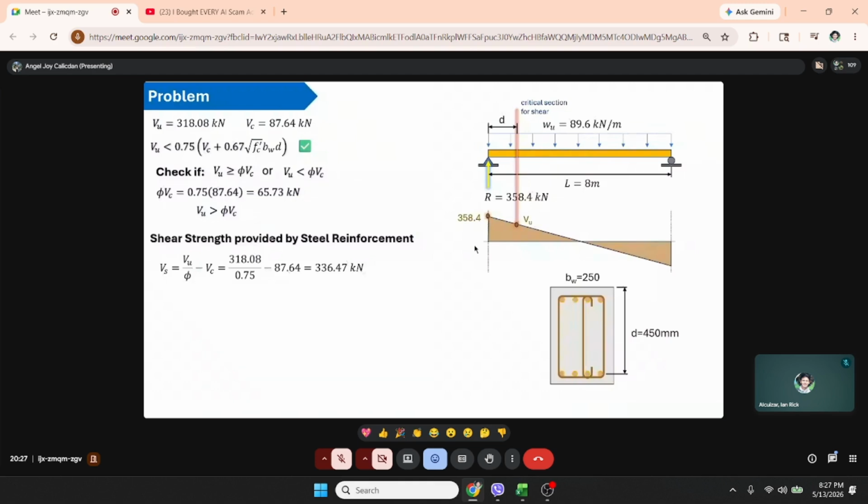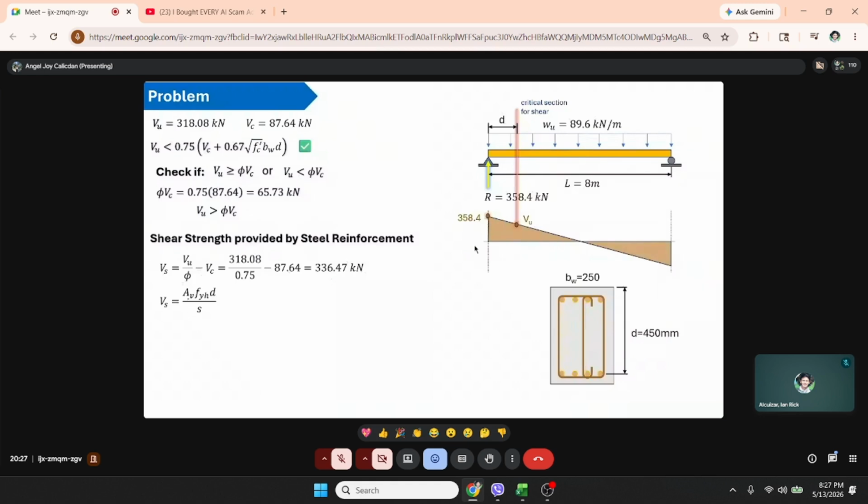The meaning in the code is that if VU is greater than phi VC, shear reinforcement is definitely needed. So, VU 318.08 over 0.75 minus 87.64 is equal to 336.47 kilonewtons.